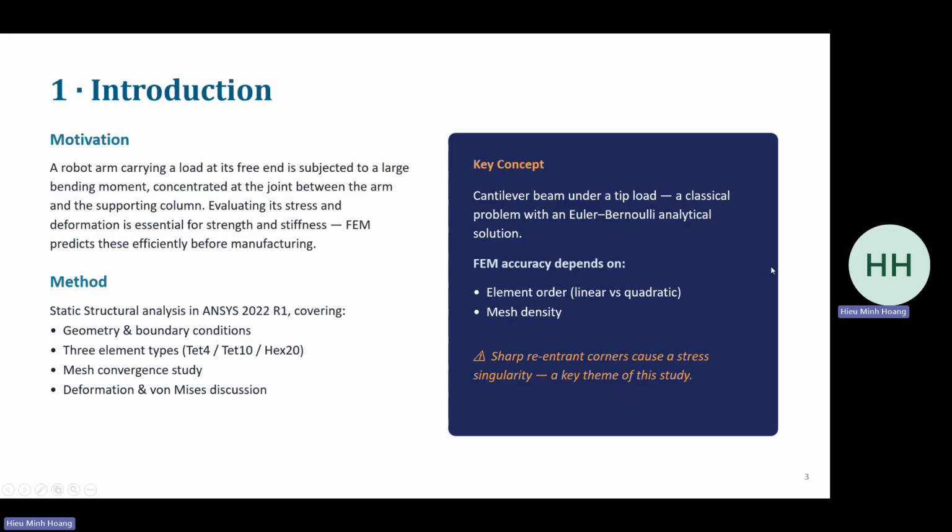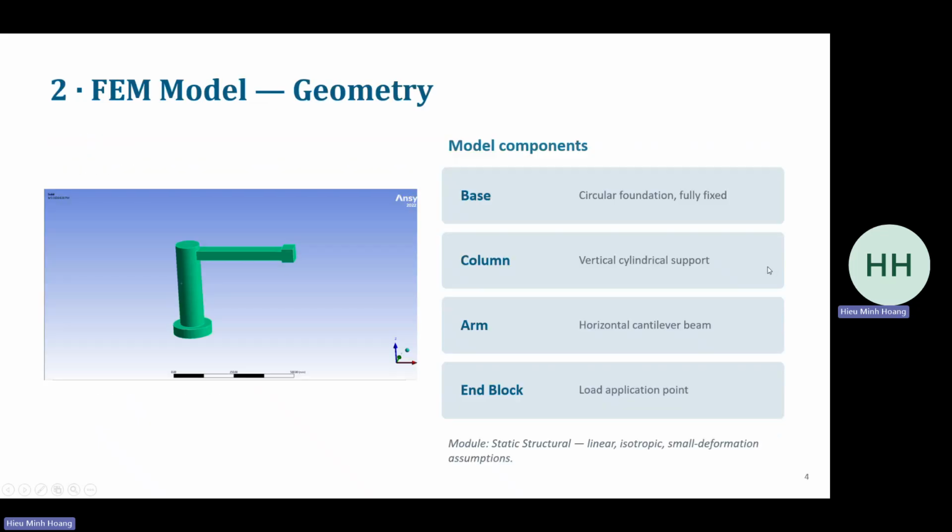The next one is the FEM model geometry. This model geometry has four parts. The base is a circular foundation, and it is fully fixed. The column is a vertical cylinder support.